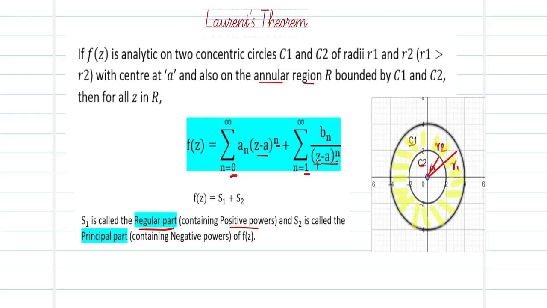This generates the negative powers, and it is referred to as the principal part. So keep in mind, the regular part contains positive powers of z minus a, and the principal part contains the negative powers.